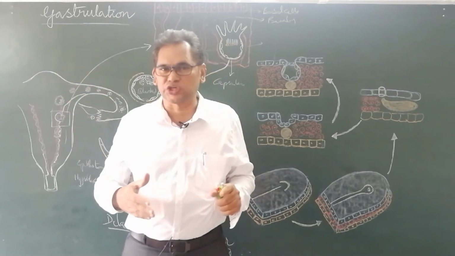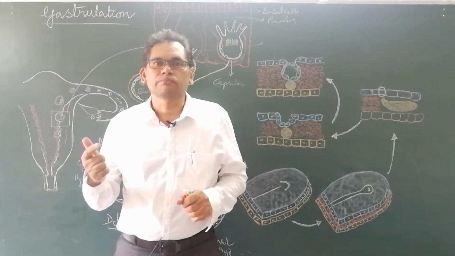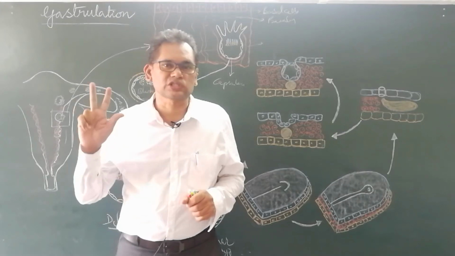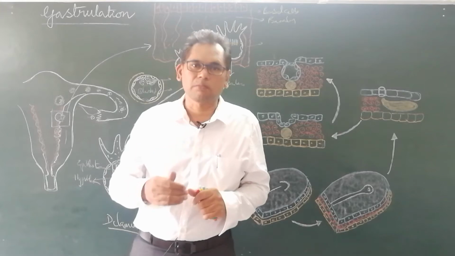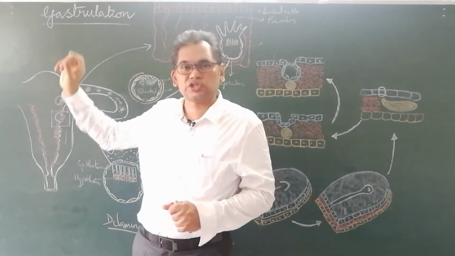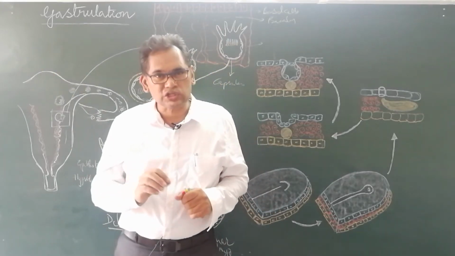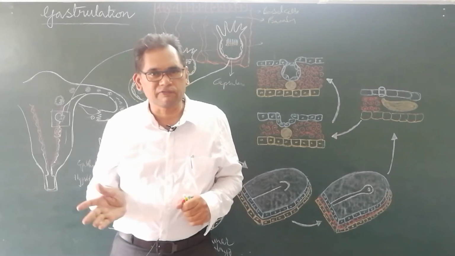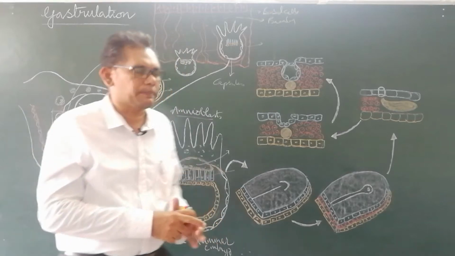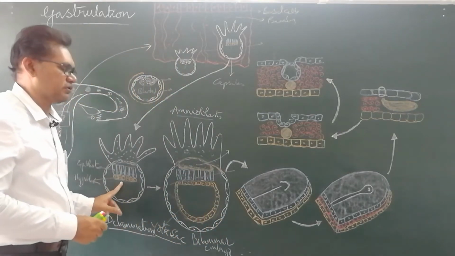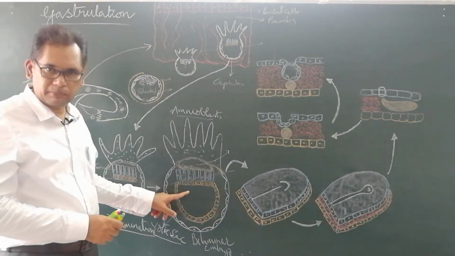What are those three germ layers? Ectoderm, mesoderm, endoderm. The trilaminar embryo is formed during gastrulation. If there is no gastrulation, there will be no formation of germ layers. We stopped up to here in the previous class, that is, the bilaminar embryo.